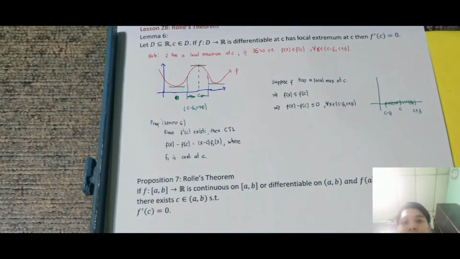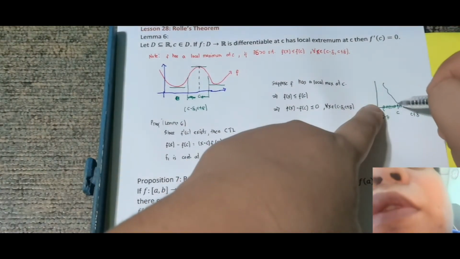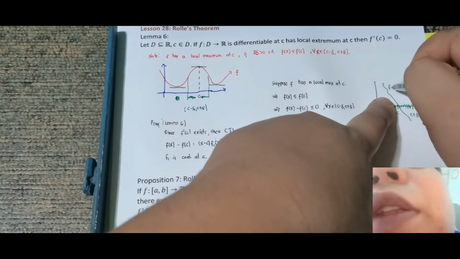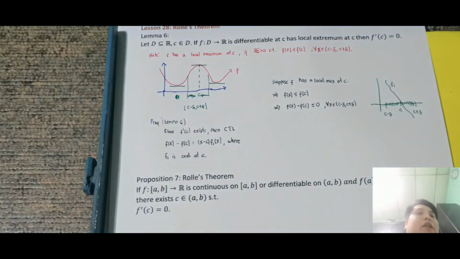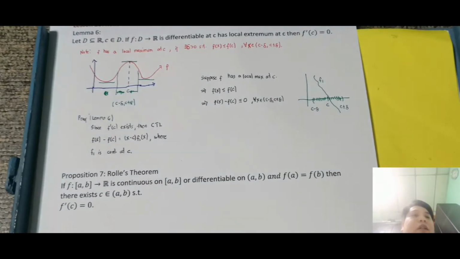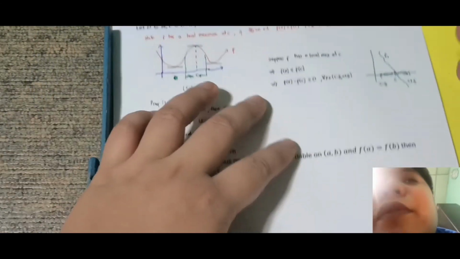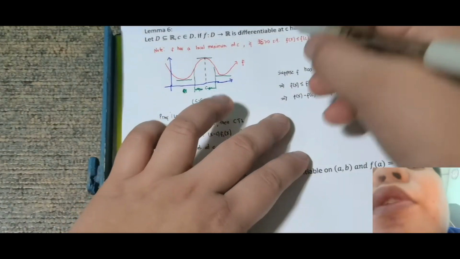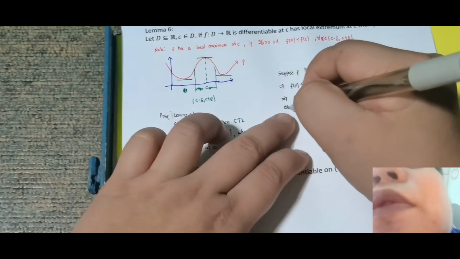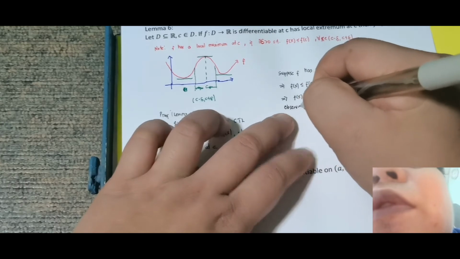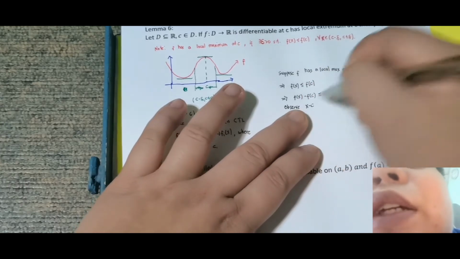Okay, so, assuming may function dito. Okay, let's say siya si f sub 1. Okay, so andyan sa f sub 1 natin. Yan, i-observe natin yung value ng x minus c. So again, saan galing yung x natin? So observe natin x minus c.